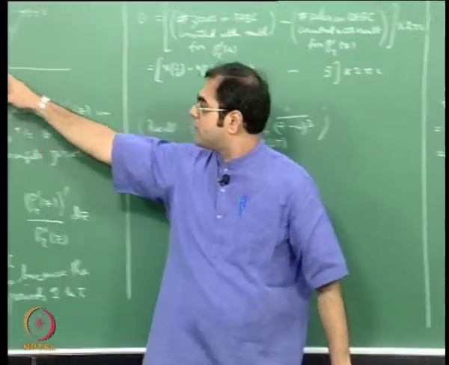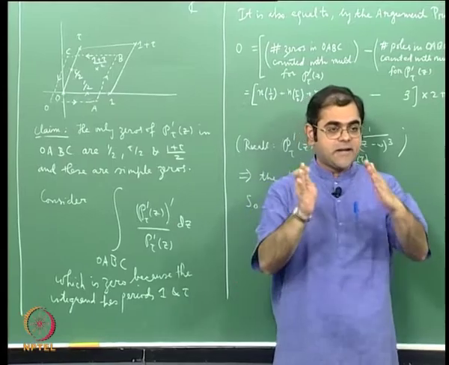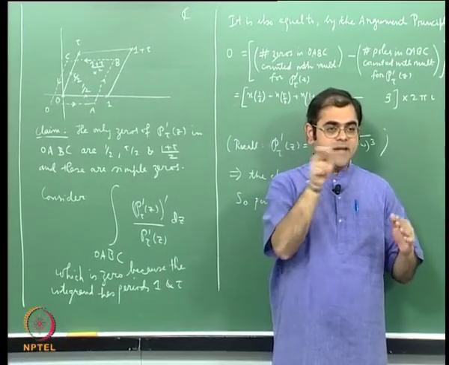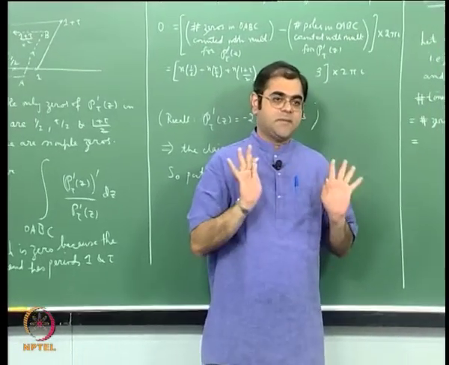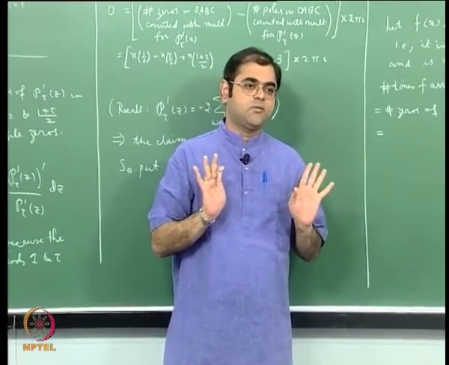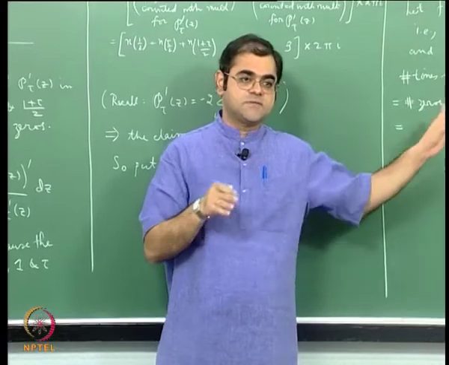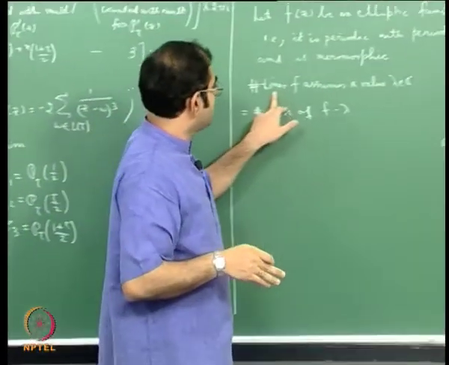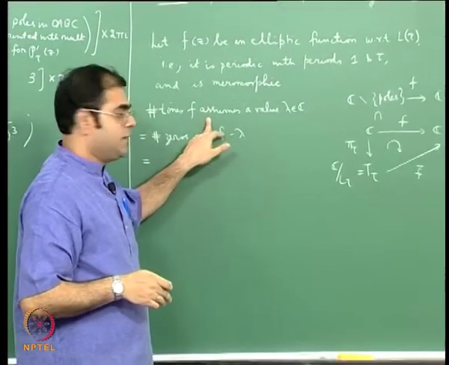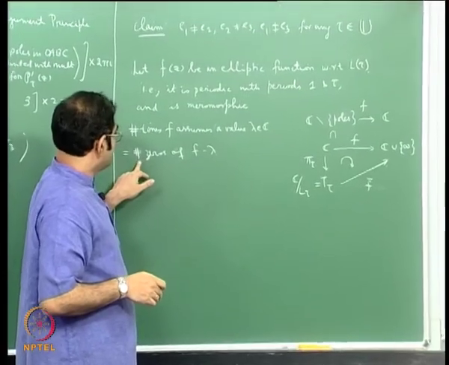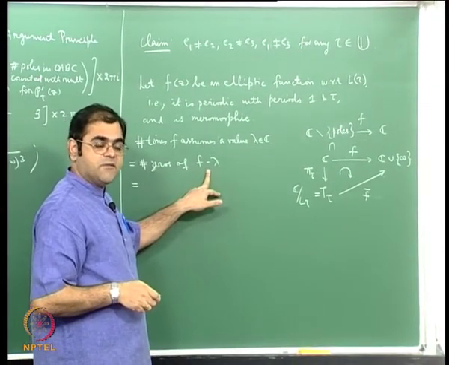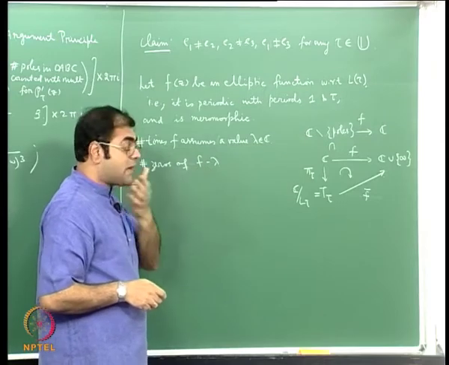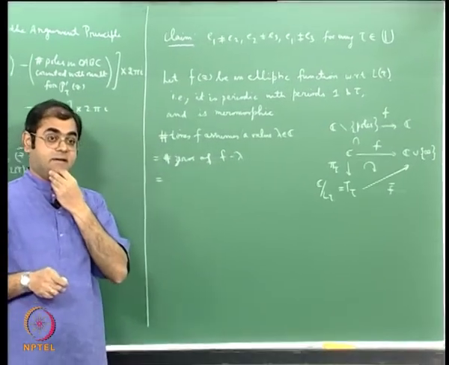I translate it so that the edges of the parallelogram don't hit any poles of this function. That's all I want. Then the number of times f assumes that value will be equal to the number of zeros of f minus lambda.